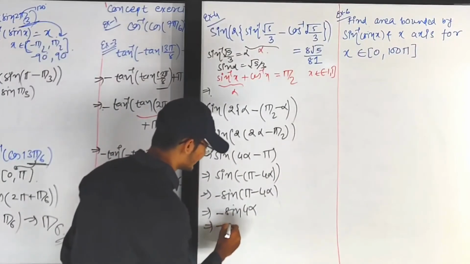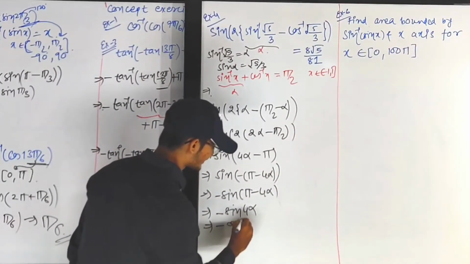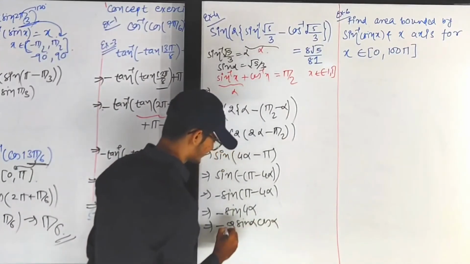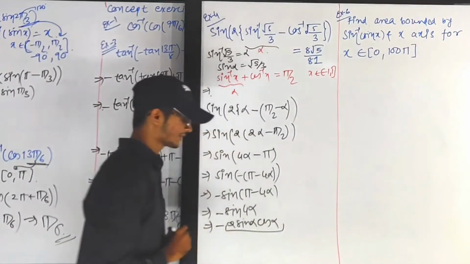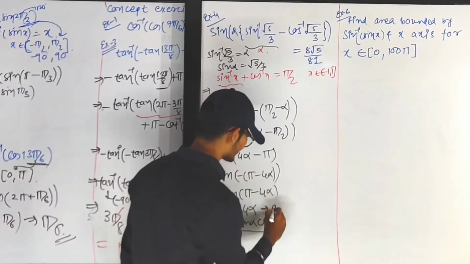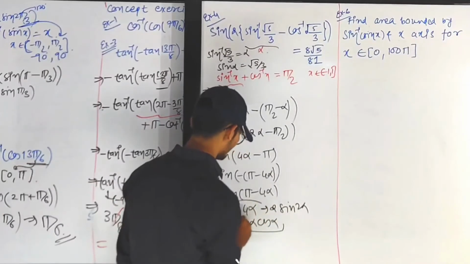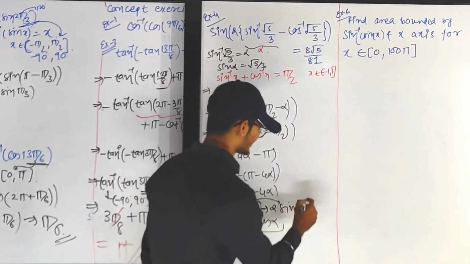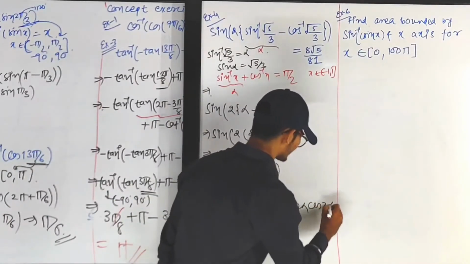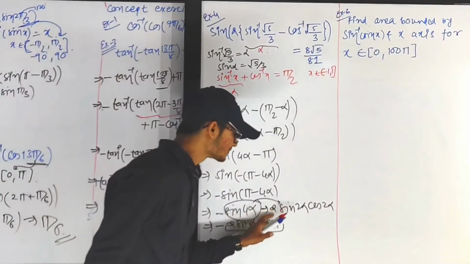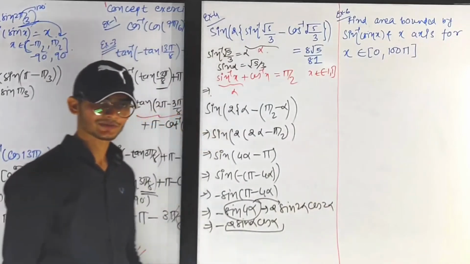So sine 4 alpha. Now what is the formula for sine 4 alpha? That can be written as 2 sine 2 alpha into cos 2 alpha. Sine 4 alpha is equal to 2 sine 2 alpha into cos 2 alpha.